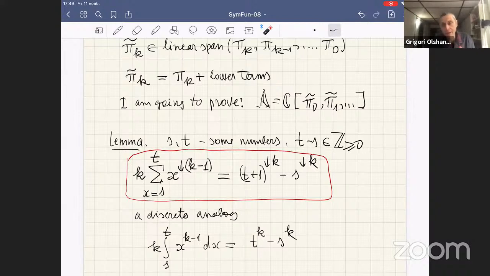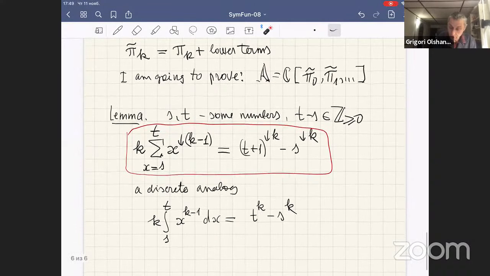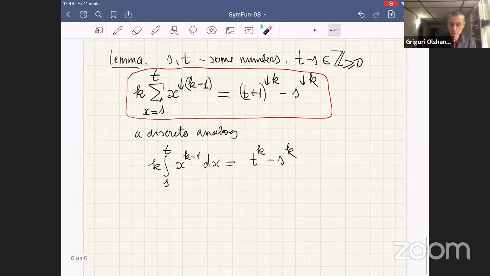It becomes more complicated, with some terms of lower degree. This shows that factorial powers, in a certain sense, are better than ordinary powers because of this beautiful formula. Okay? So now I want to use this formula.